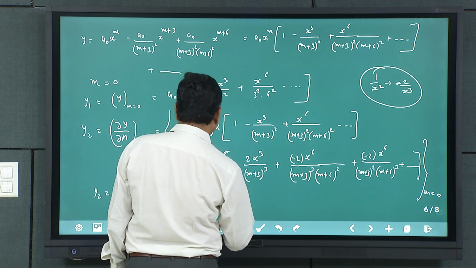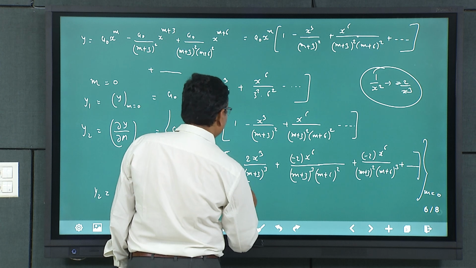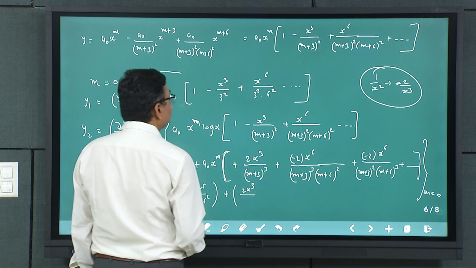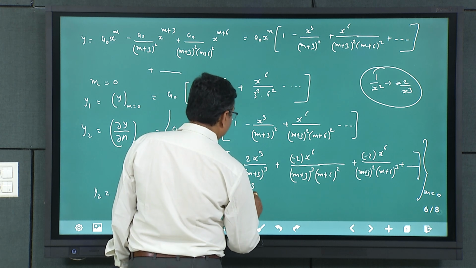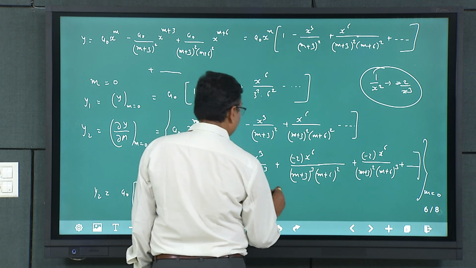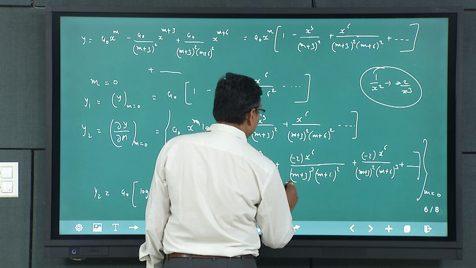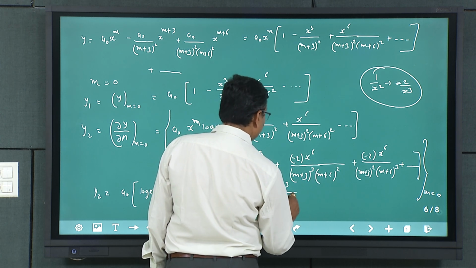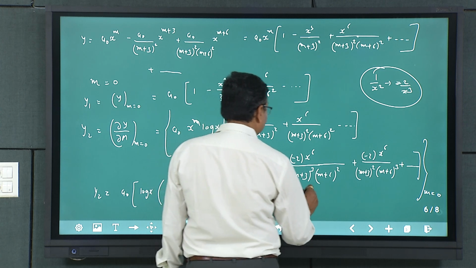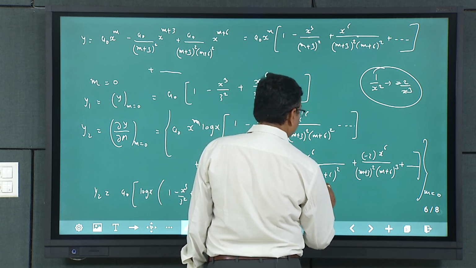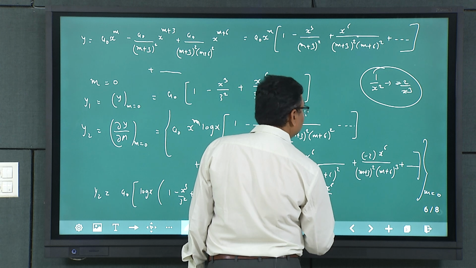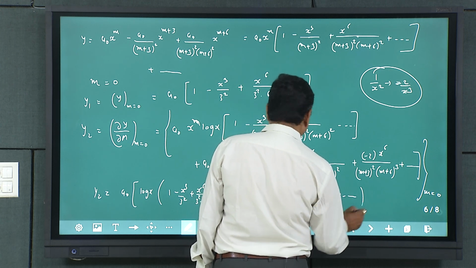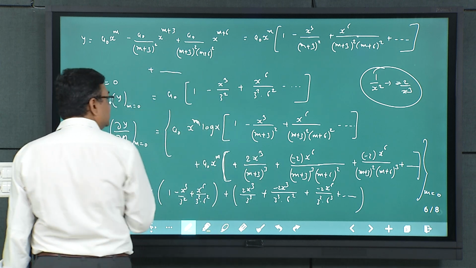So only this term 2 x cube upon 3 cube plus minus 2 x cube, 3 cube into 6 square, plus minus 2 x raised to power 6, 3 square into 6 cube and so on. So this is y 1, this is y 2.